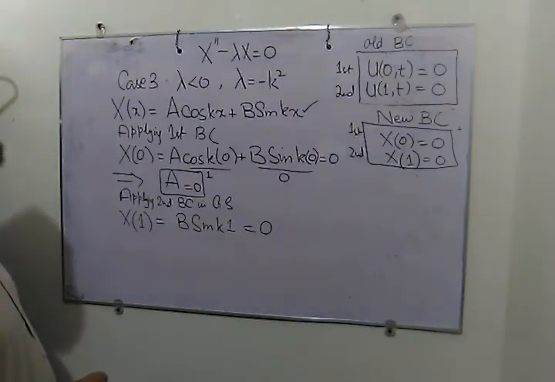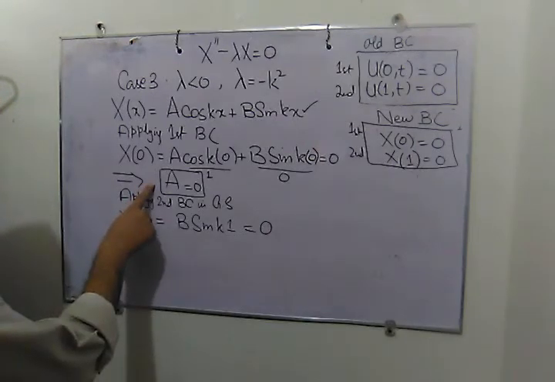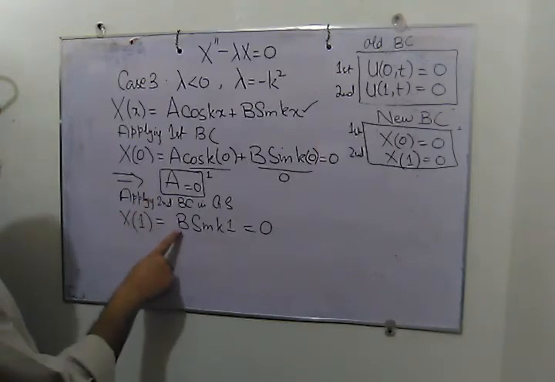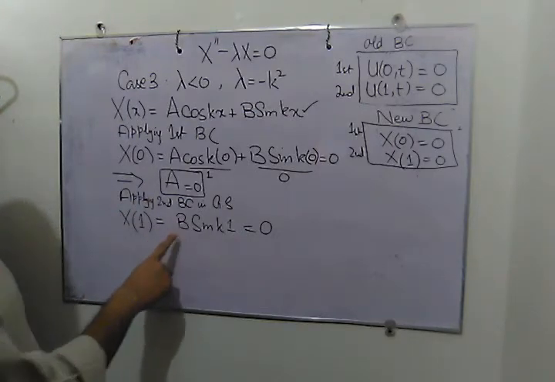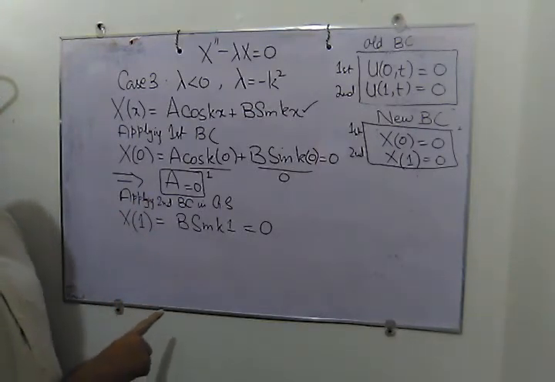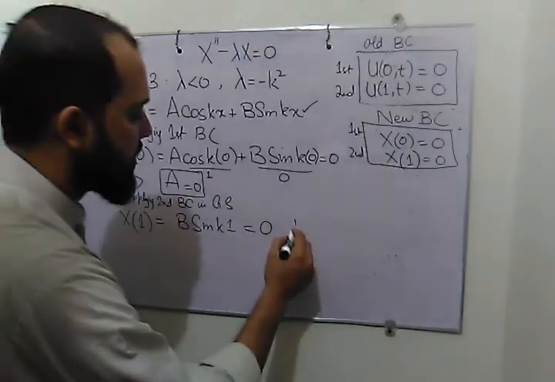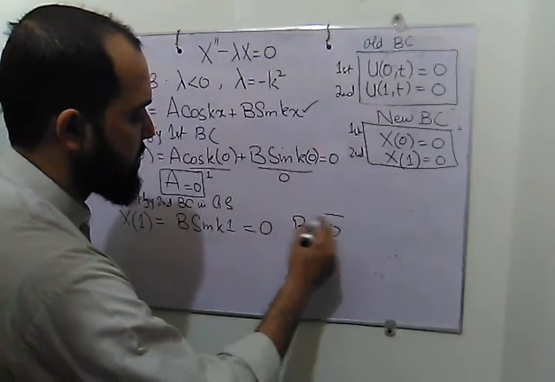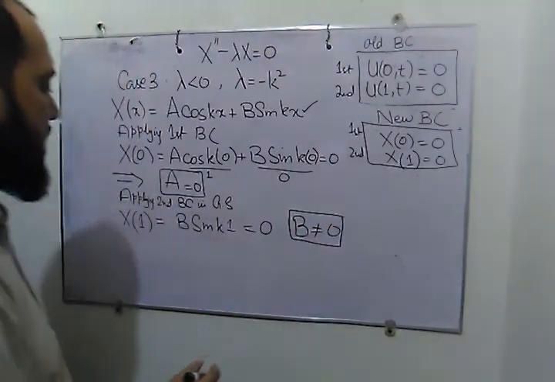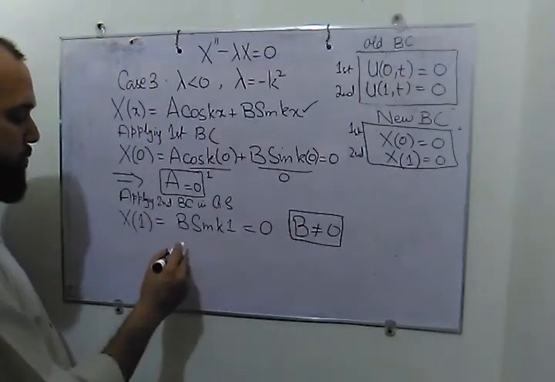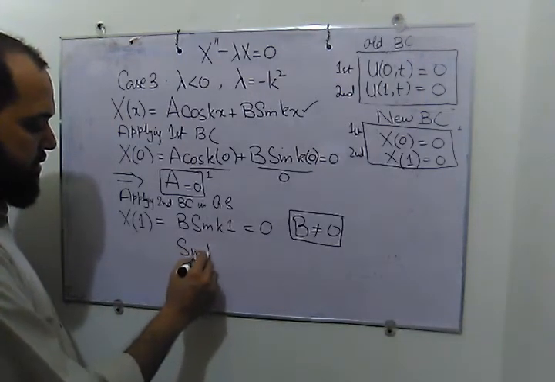We are left with case 3, which is the last one, in which one of the coefficients is already 0. So if we consider b is equal to 0, then it will again give us the trivial solution. To save b, we forcefully say that b is not equal to 0. Sorry, b cannot be 0. So we have no choice but to put sine k is equal to 0.